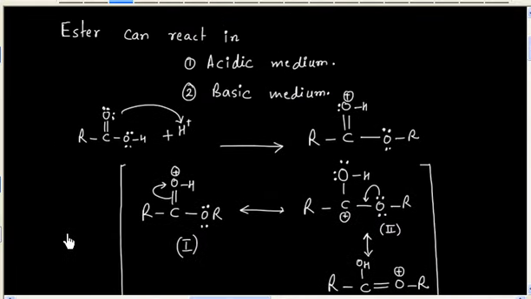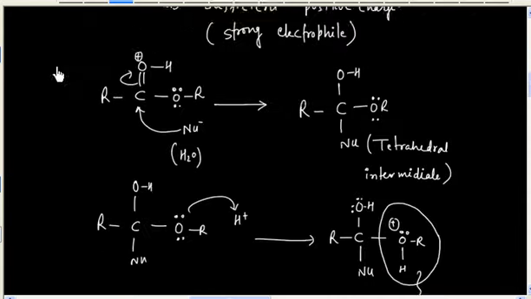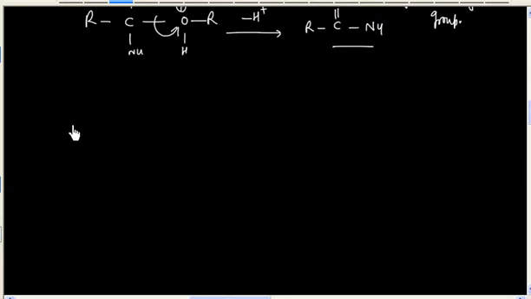Now a question is generally asked, why in the first step this oxygen gets protonated, why not this oxygen? And this can be answered by writing resonating structure. So let us protonate both oxygens one by one.